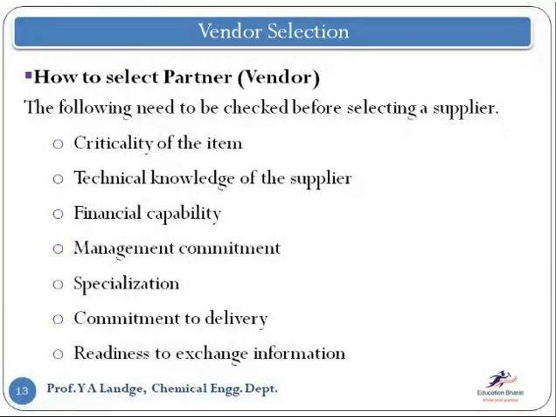So one is the criticality of an item. What is this criticality of the item? It means the raw material or the semi-finished product. We are not concentrating only on the semi-finished product.